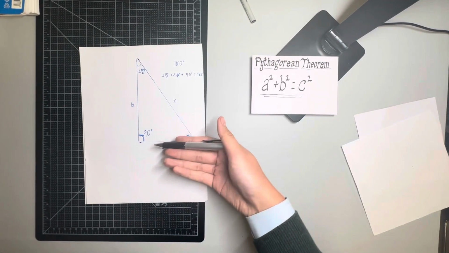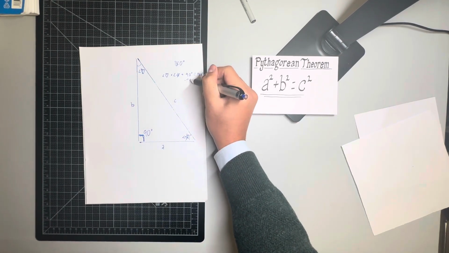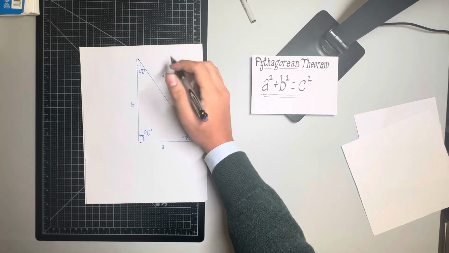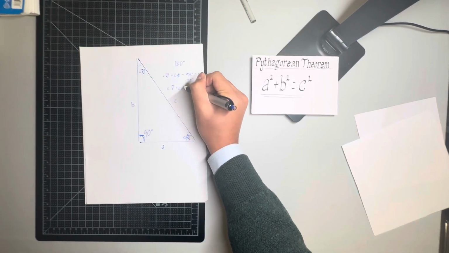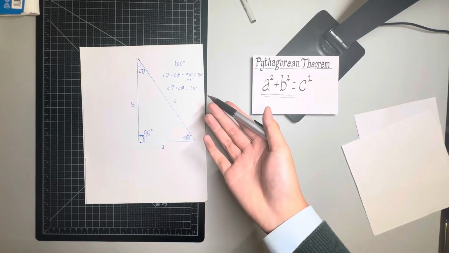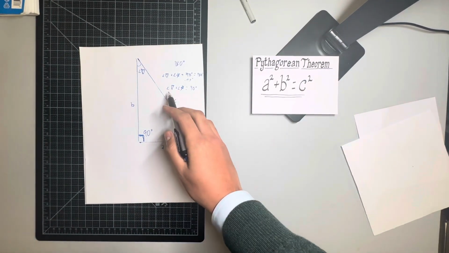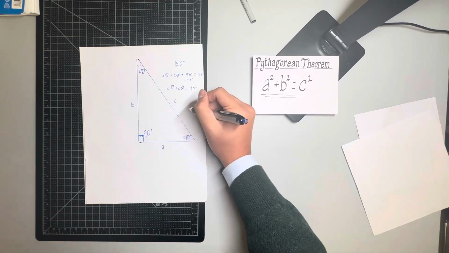Now, we all know it's always going to be 90 degrees because it's a right angle, so we can remove the 90 degrees, okay? And then that would mean angle heart plus angle star equals 90 degrees.